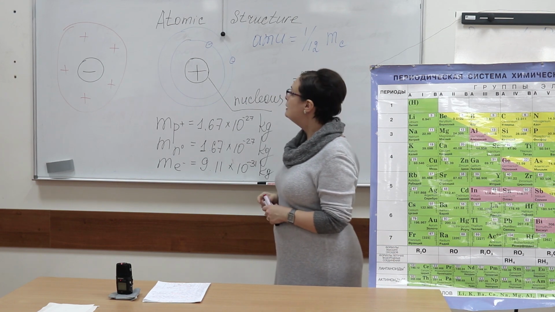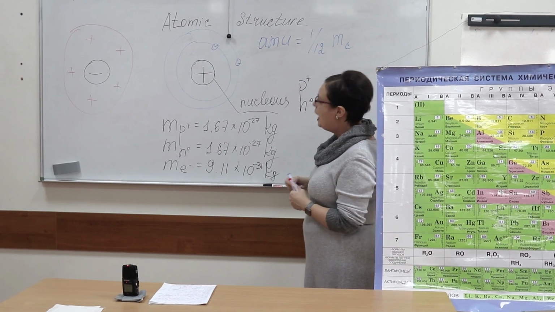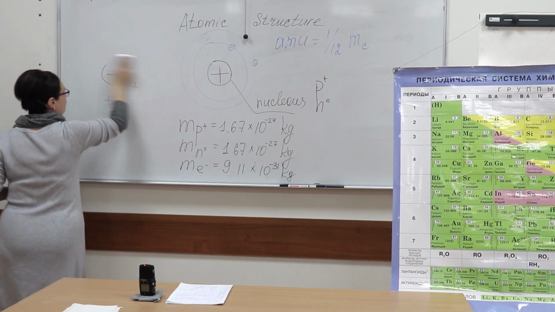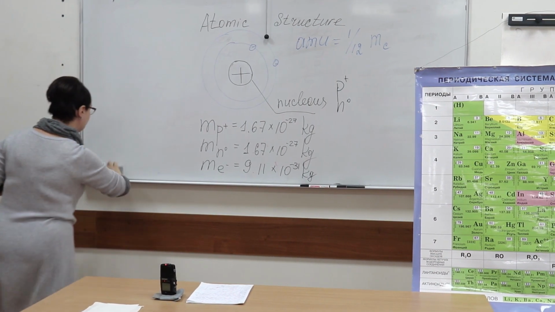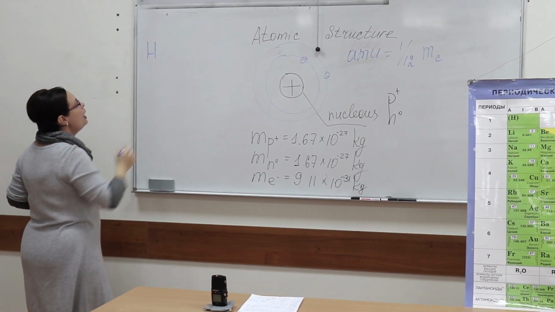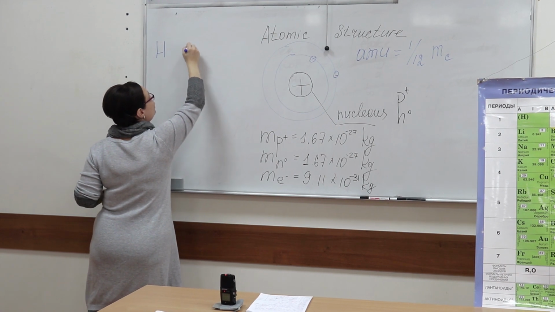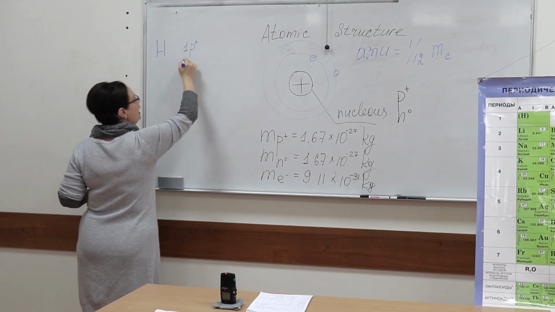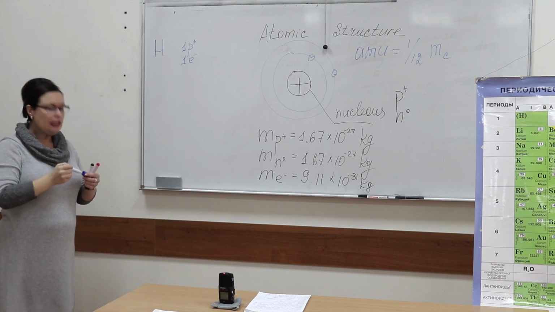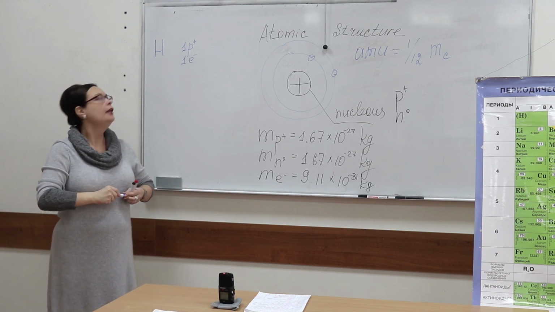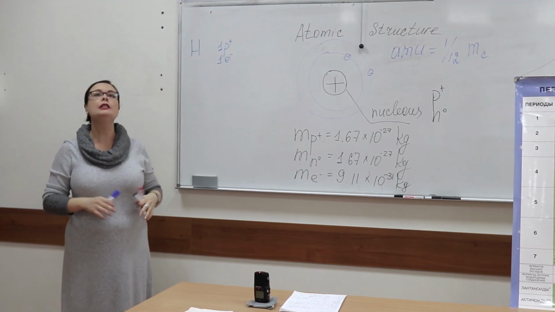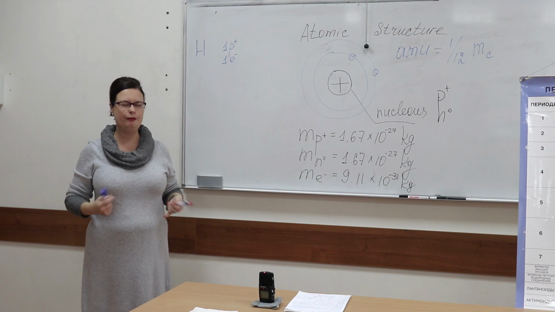So in the atom of hydrogen, there are 1 proton and 1 electron. It's easy to understand: the number of protons is equal to the number of electrons in a neutral atom.